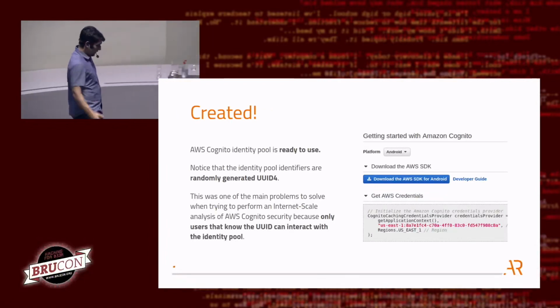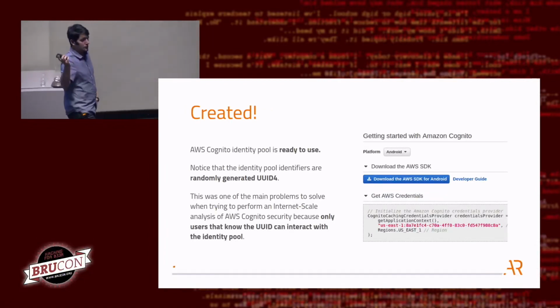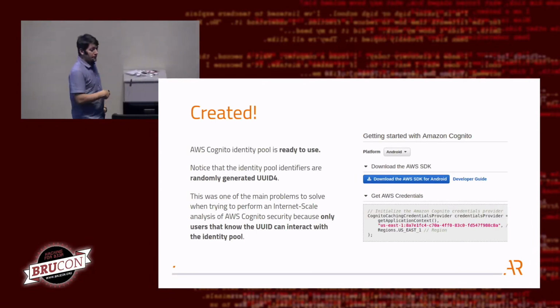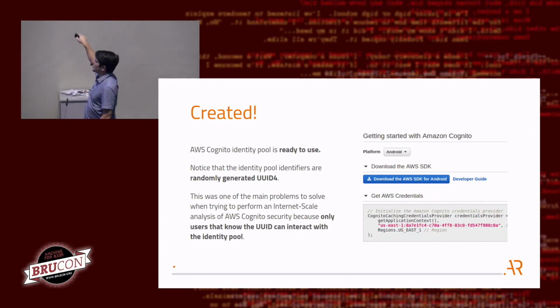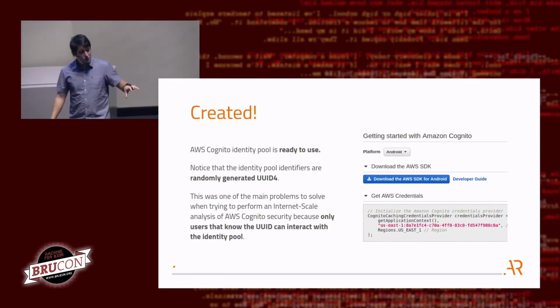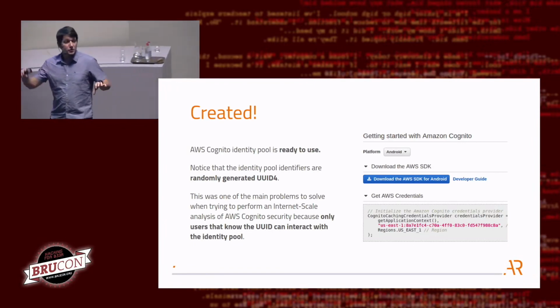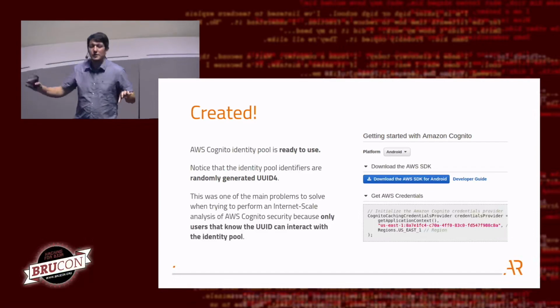Right now, after the developer completes those very simple steps, the identity pool is created and it's ready to use. The developer is also going to get a screen like this with the identity pool ID. This ID is the one that needs to be hard-coded into the mobile application and into the web application.